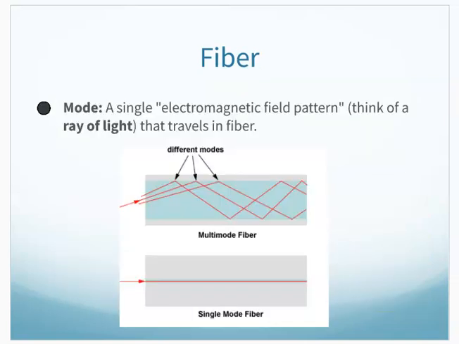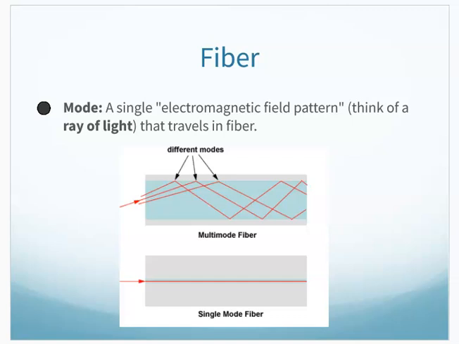When we deal with fiber, we talk about mode. Mode is basically a ray of light. As I'm sending a signal down the fiber, if I have multiple rays of light representing that one, it's a multi-mode fiber. So that pulse of light we're sending down the fiber to represent a 1 is made up of multiple modes, multiple rays of light.